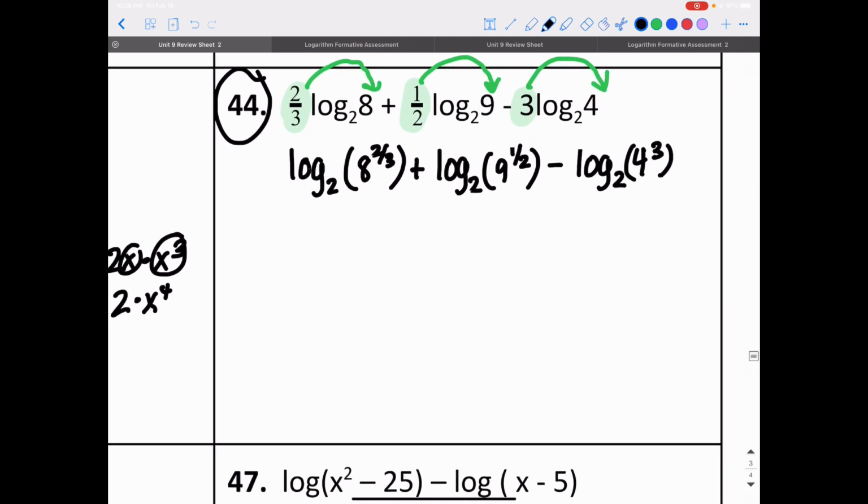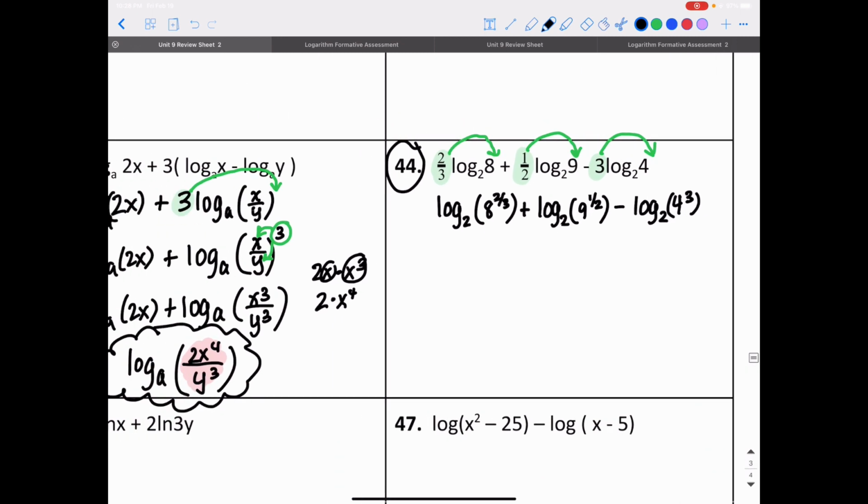8 to the 2/3 power, I'm going to do this off to the side. 8 to the 2/3 power is the same as raising 8 to the 2nd power and then taking the cubed root, the 3rd root of that. So 8 to the second power is 64, and then taking the cubed root of 64, which you can do in your calculator if you don't know what that is, you'll get 4.